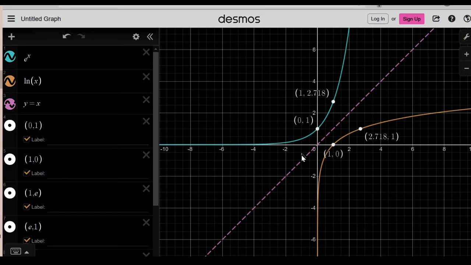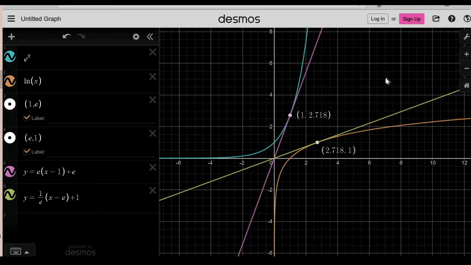Points on one graph show up as mirror images in points on the other graph. Here is (0, 1), and the sister point to that in natural log is (1, 0). x and y have swapped. (1, e), the sister point is (e, 1). So x and y have still once again swapped.